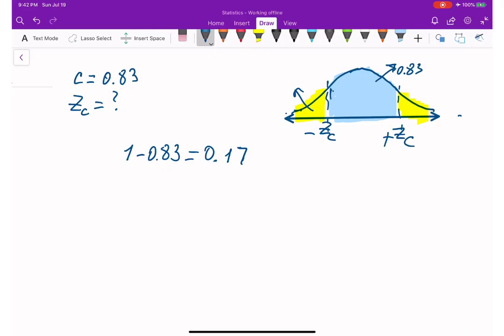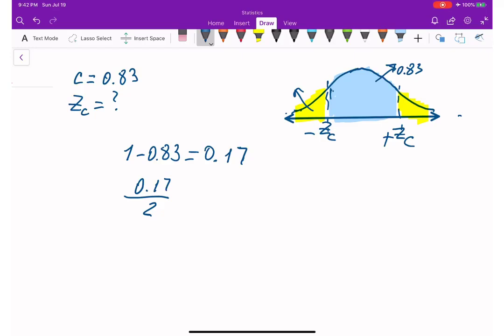Now this 0.17 covers two tails, these two yellow areas, but we need one. So I'm going to divide 0.17 by 2 because I need one tail.